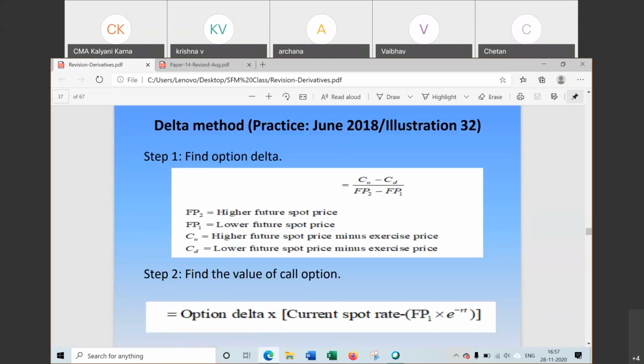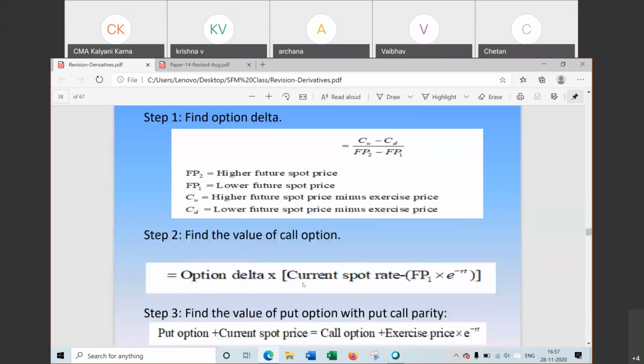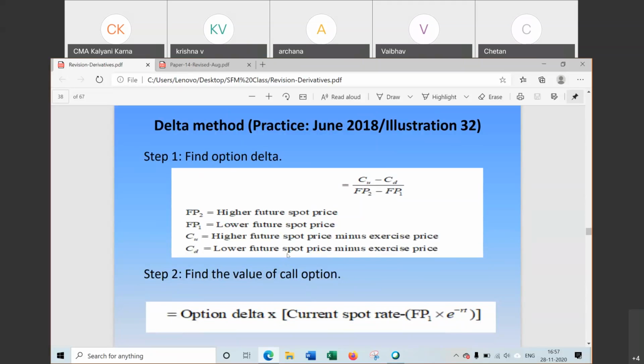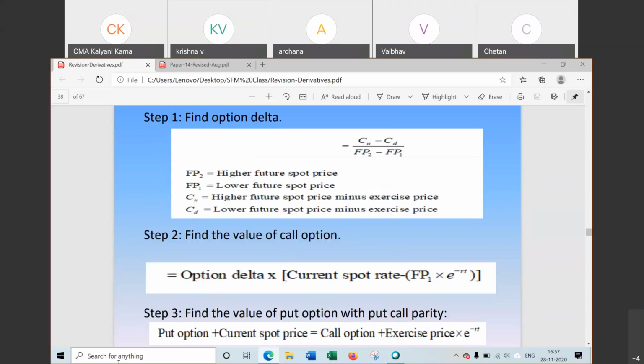I have summarized this one all. Delta method. Delta method, first step 1, find the value of delta. Then find the value of call option, that is option delta. इसमें आपको रिवीजन के लिए मैंने लिख दिया है स्लाइड्स में. What is the value?